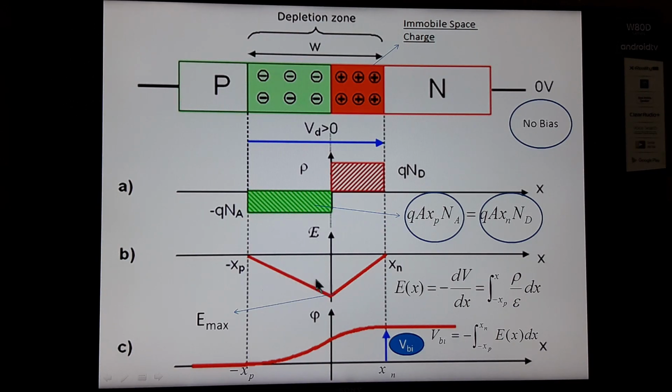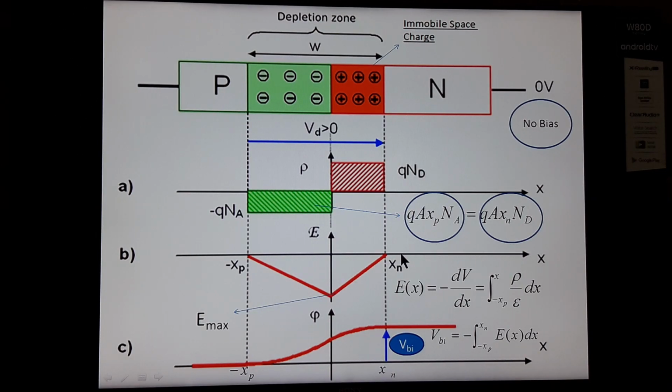And in figure B, we have shown the electric field distribution in the depletion zone, where this point indicates the maximum value of the electric field at the junction, and the field value linearly decreases with distance along the depletion zone. At the end of the N side of the depletion zone, we get zero electric field, and in the neutral region of the N side as well as of the P side, the electric field value is equal to 0, and there exists no electric field.